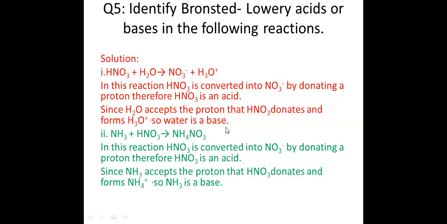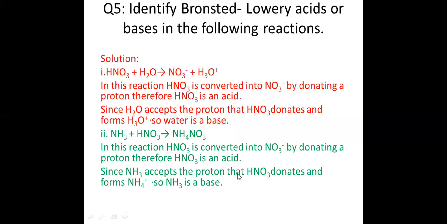Second reaction is ammonia. When it reacts with nitric acid, it will give ammonium nitrate. Now you can see ammonia is converted into ammonium ion.